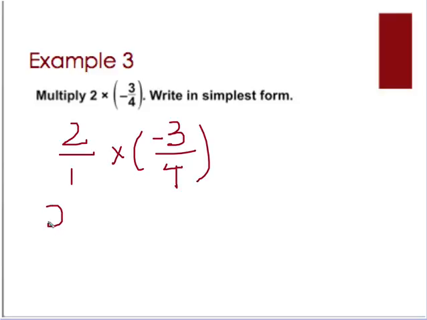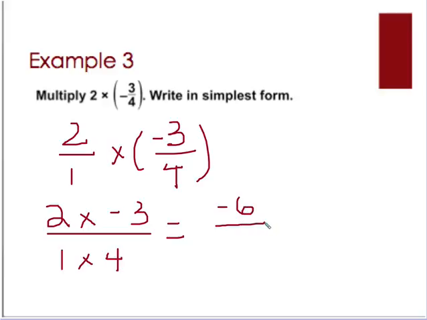Once again, we have 2 times -3 on the top and 1 times 4 on the bottom. 2 times -3 is -6. Don't forget your integer rules. And 1 times 4 is 4.